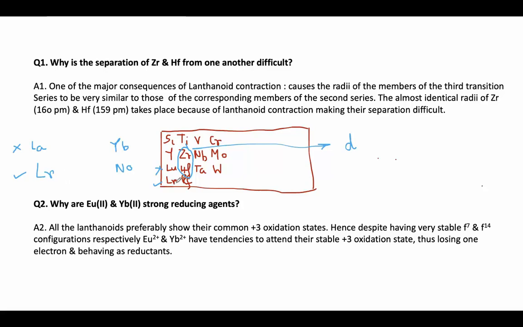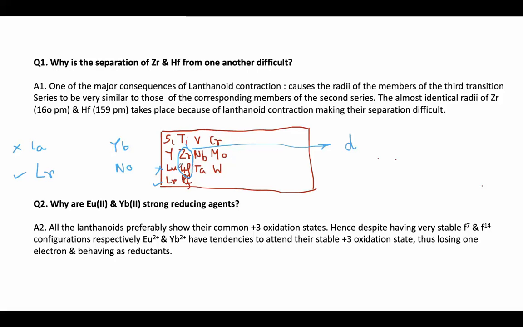So they are basically lying here. Since they are large in number, there are 14 and 14, 28 elements, and there was not enough space in the periodic table to accommodate them. Since all these elements have very close similarity in reactivity with one another, they were merged together and placed in the section beneath the periodic table.